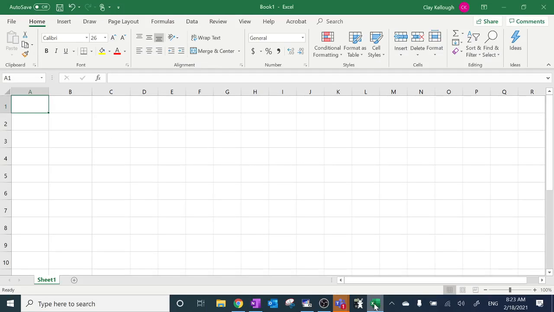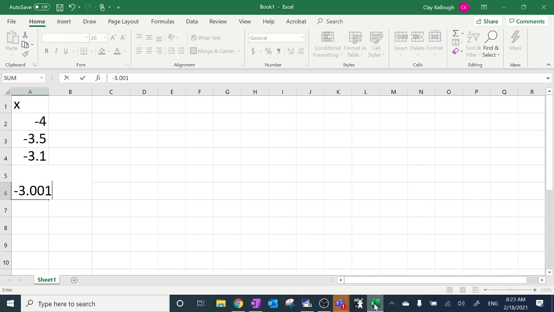Okay, so I'm going to start by making an x column, and then I'm going to put in all the values that I'll have to plug through that formula. So negative 4, negative 3.5, negative 3.1, negative 3.01, negative 3.001, negative 3.0001, is that right?